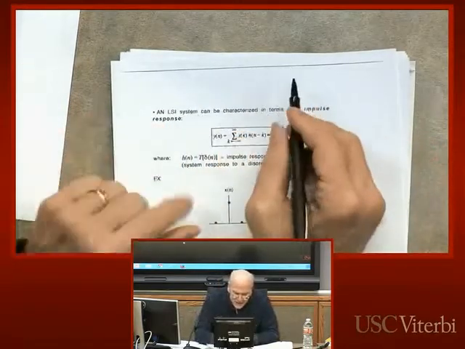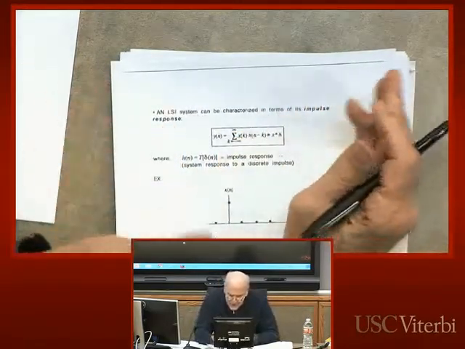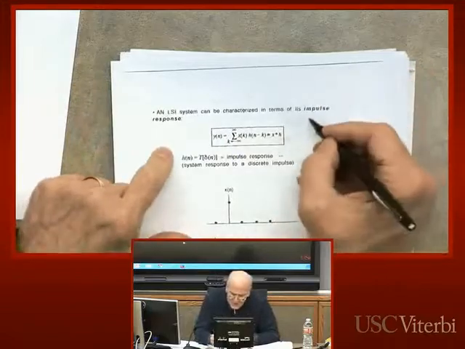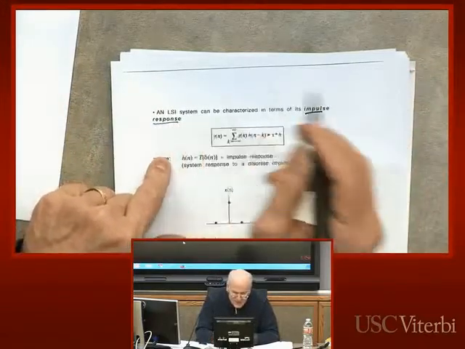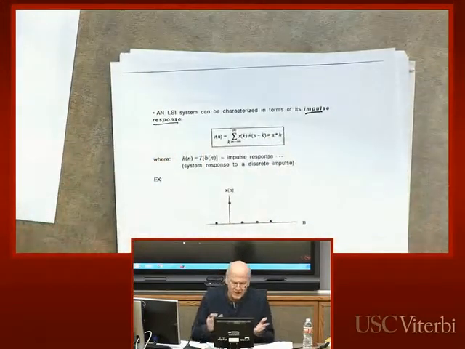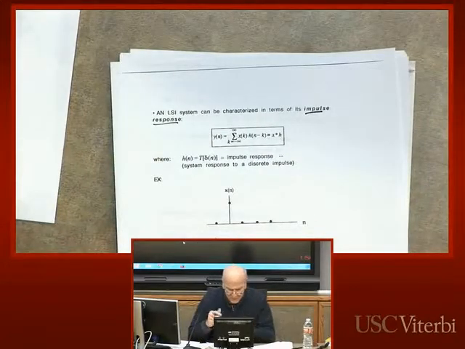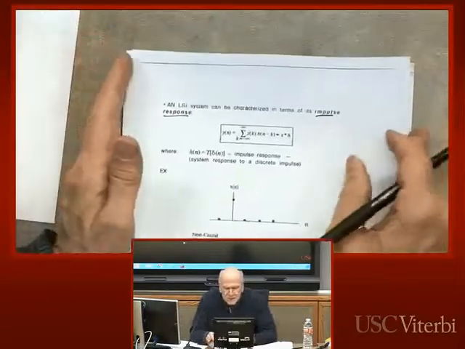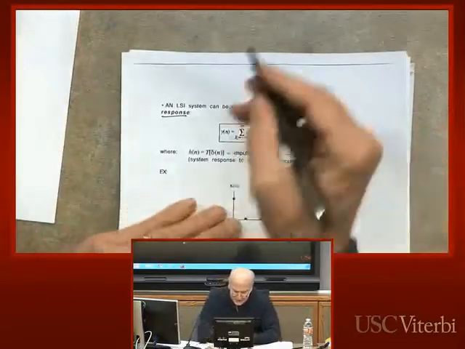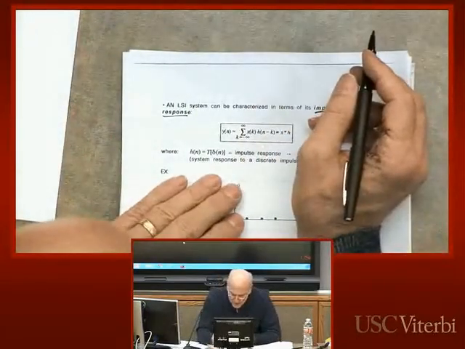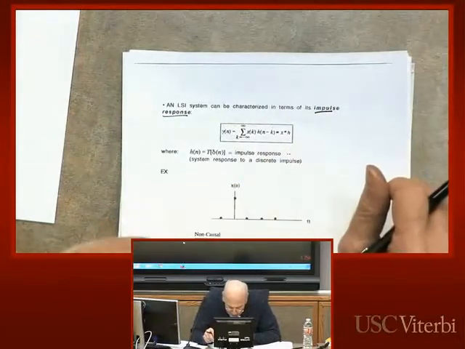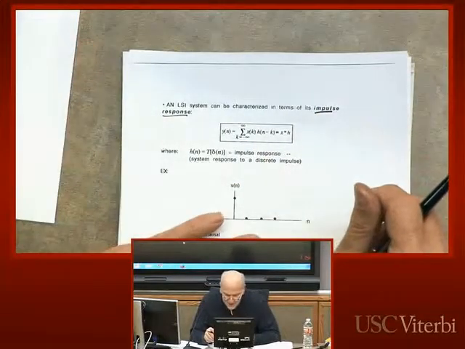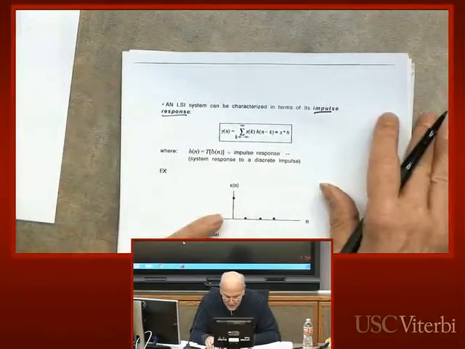Any linear shift or time invariant system can be characterized in terms of its impulse response. Remember I mentioned before finite impulse response, infinite impulse response. What is the impulse response of any system? Well, that's pretty simple. It's the response of a system to an impulse.